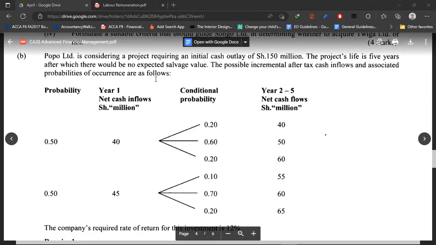The possible incremental after tax cash inflow and associated probabilities of occurrence are as follows.